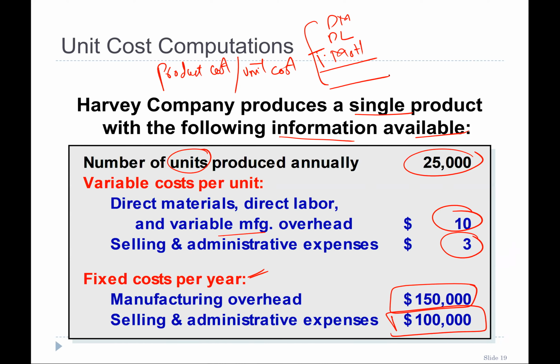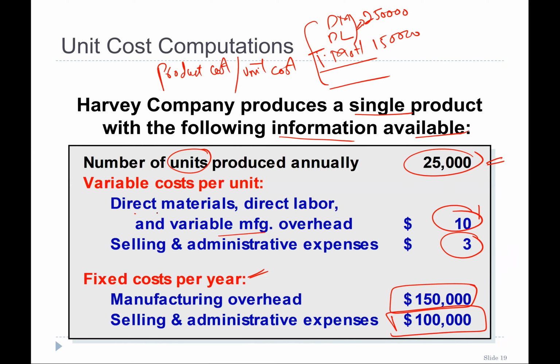So that would be 25,000 multiplied by 10, to 250,000 direct. And we have 150,000 as well, which is fixed.